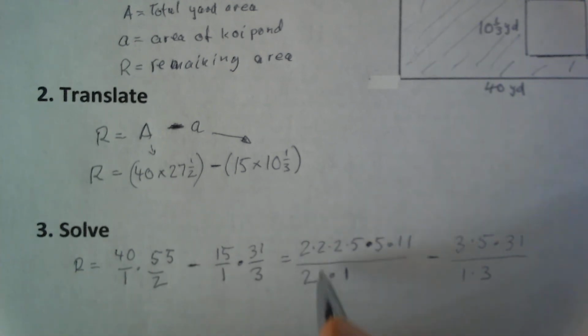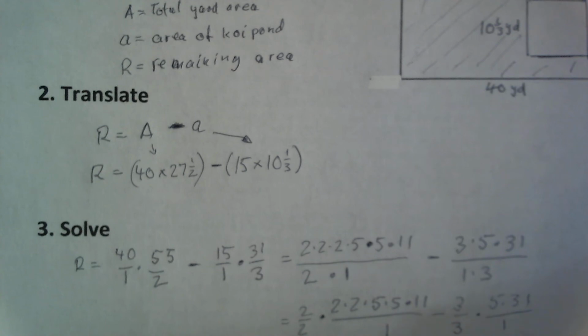And here we have 2 divided by 2, which is equal to 1. And then remaining is 2 times 2 times 5 times 5 times 11, divided by 1, minus, and here we have 3 divided by 3, which is 1, times 5 times 31, divided by 1.